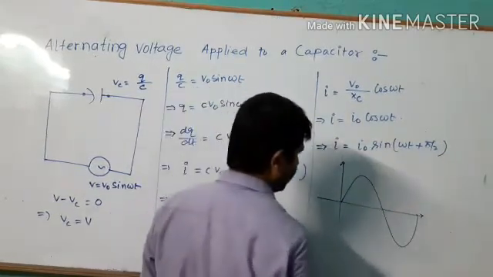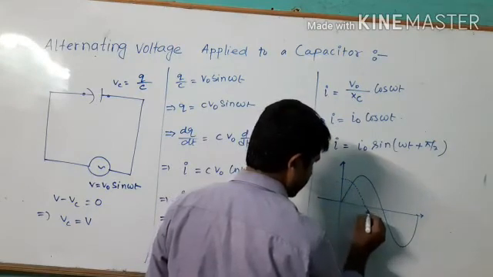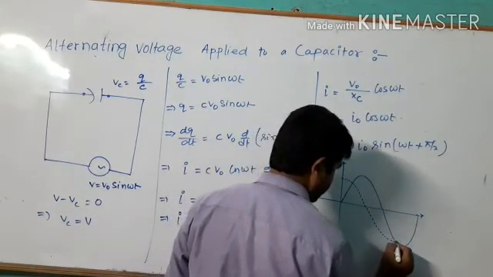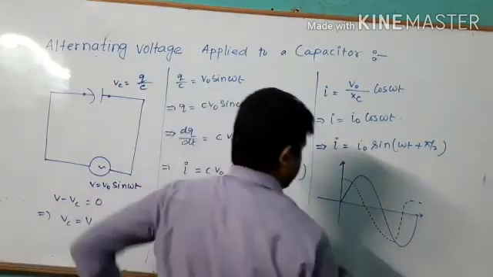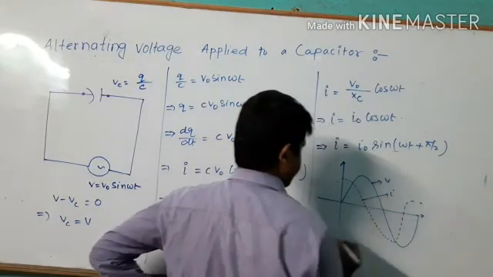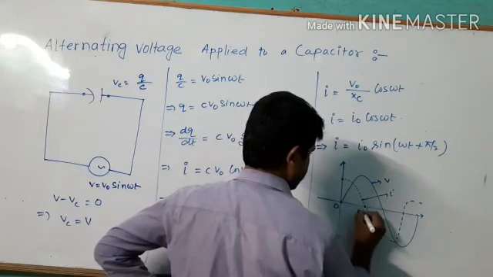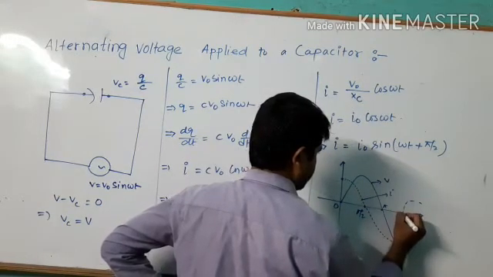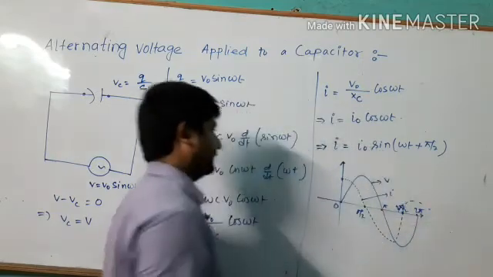So this is the voltage, then the current will lead the voltage. Say this is the voltage V and this is the current I.